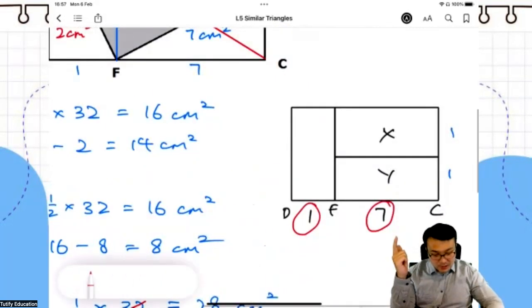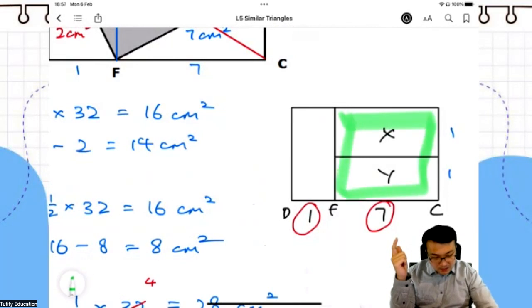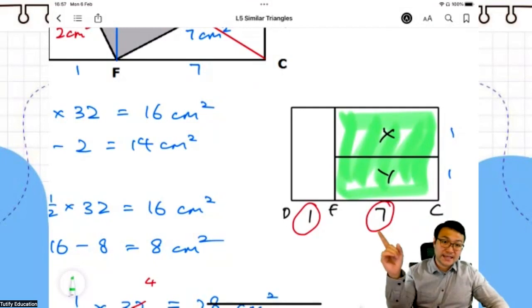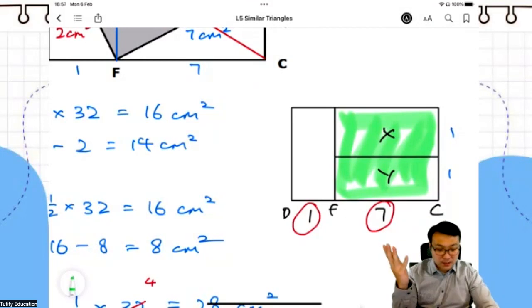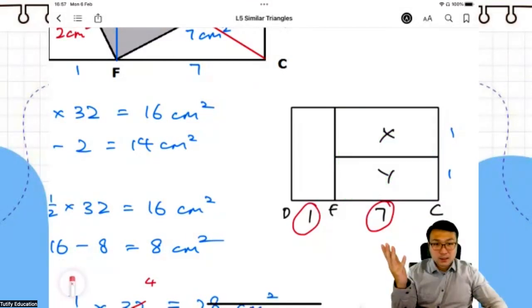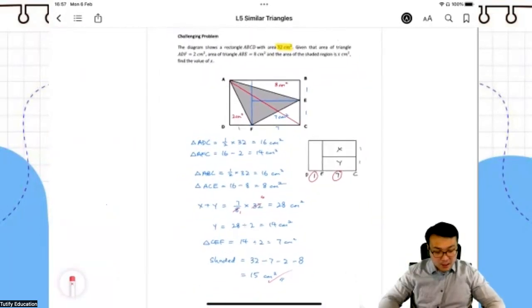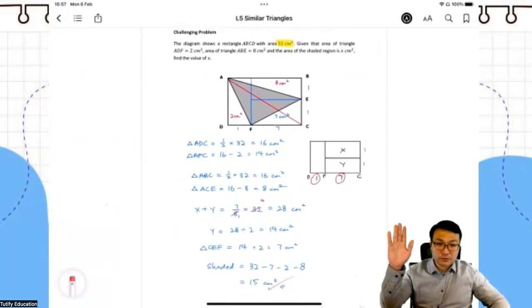I did not teach you this during this whole lesson. We are only working with triangles, but this concept can also be applied to rectangles. 1:7. Then you can find the area of the rectangle. It's very long, but is there anything you want to clarify? Raise your hand. Anybody want to clarify any steps that you're not sure of?